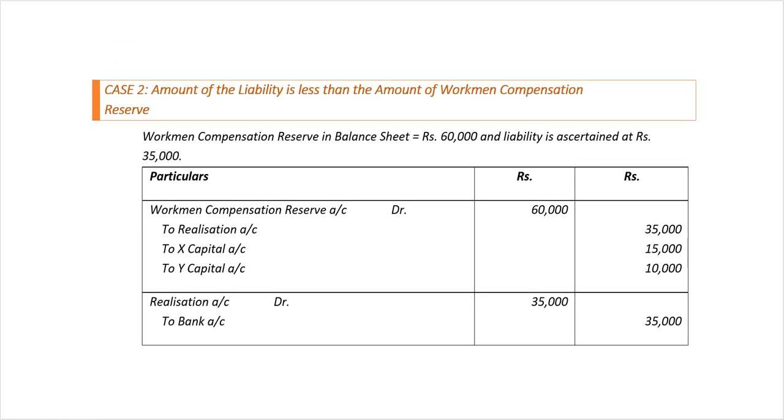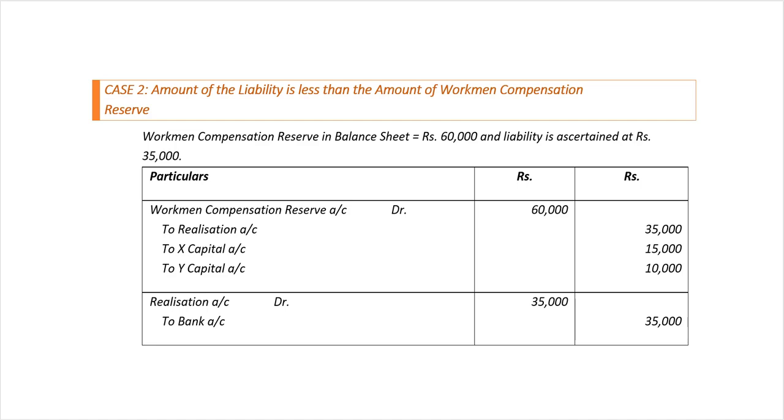Let's deal with the second case. The amount of the liability is less than the amount of the workman compensation reserve. Let's say the workman compensation reserve in the liability side of the balance sheet is rupees 60,000, and in the additional information it's given that the workman compensation claim is ascertained at rupees 35,000.